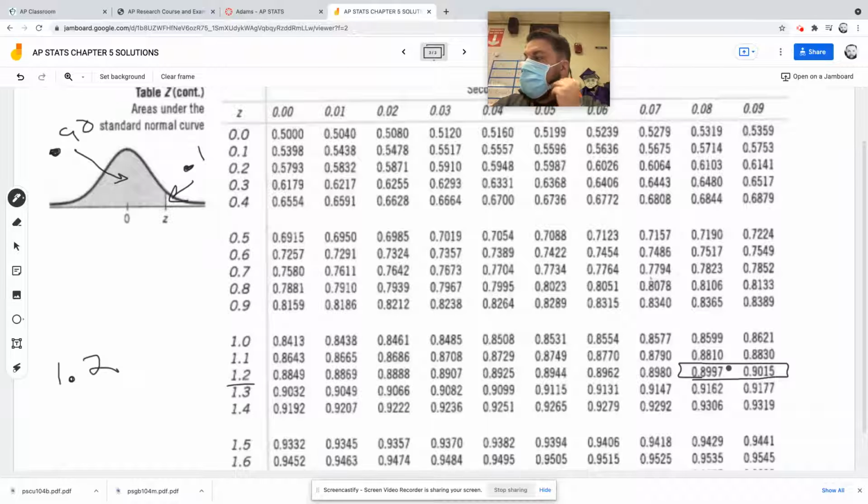Now, if you were to do this on the calculator, it would tell you 2.82. But I would accept 2.85. But this 0.8 means it's going to be between 1.28 or 1.29 because it's in this column or this column.